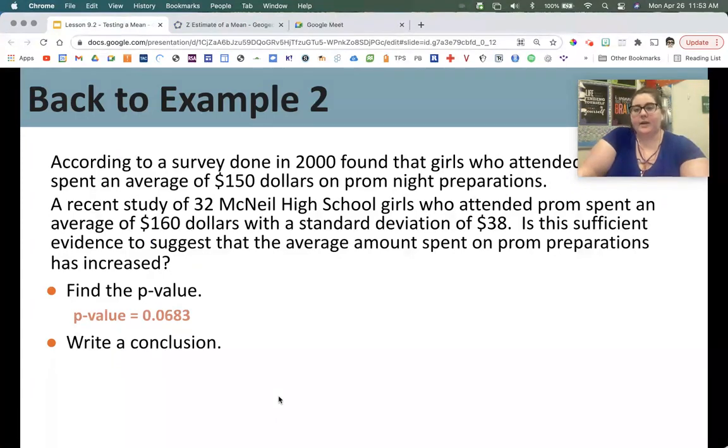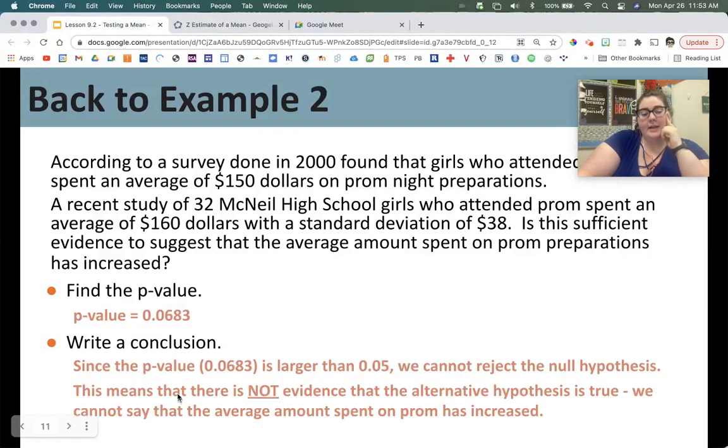Again, they didn't give us an alpha or a level of significance, so we use 0.05, and 0.0683 is larger than 0.05, which means that we cannot reject the null hypothesis. In other words, this is not unlikely enough to happen for us to doubt. So we're not doubting that 150 is the true average.